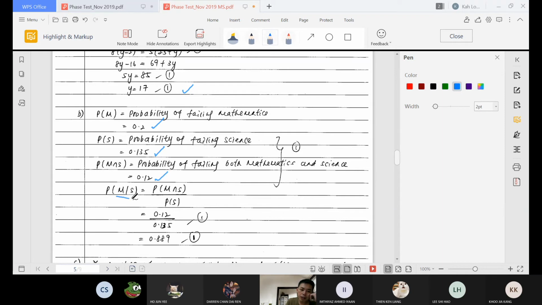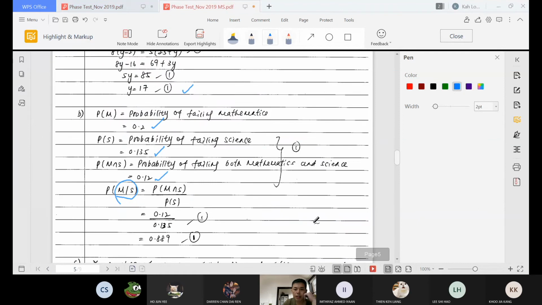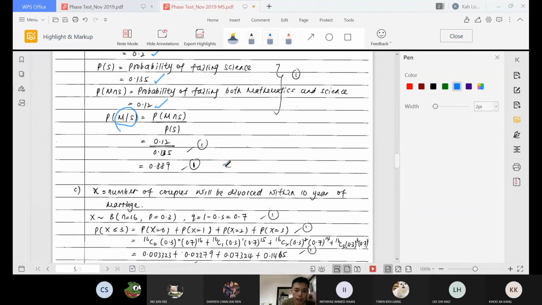Now, why is it P(M|S)? Because the question asks if a student fails science, find the probability. So actually it is P(M|S). So you get 0.889. Is it clear?